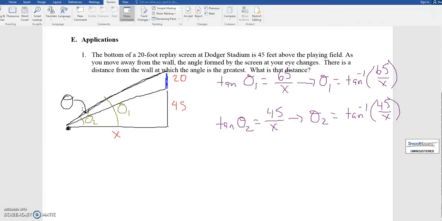Okay, so what I want to do then is figure out what is theta. Theta, again, is theta sub 1 minus theta sub 2. I know what those two things are.